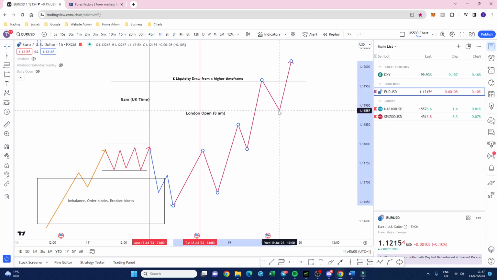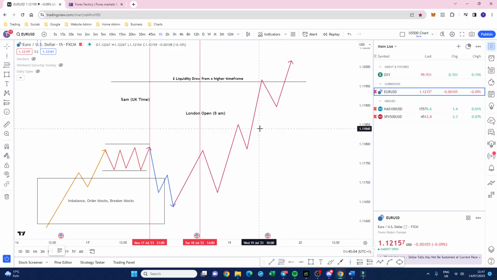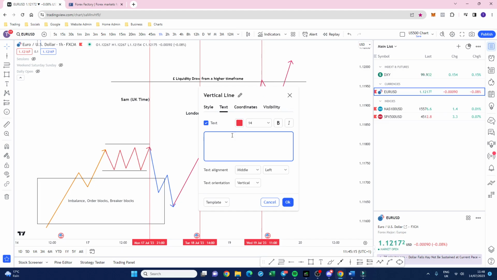Now let's say you're bullish for today, you're looking for New York session. Now if we draw New York session out just about here, for example, New York open is 1:30 p.m. UK time, which is 8:30 a.m. New York.